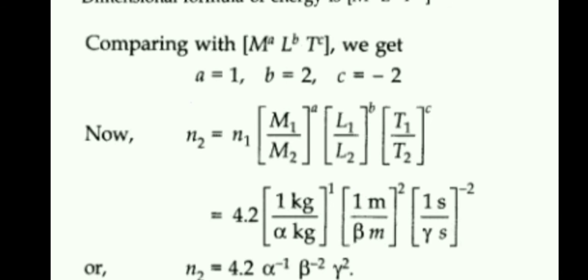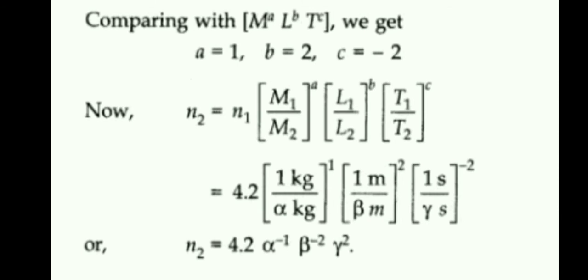Now put the units of m1 and m2, L1, L2 and T1, T2, which we have given already. m1 is kg, L1 is meter, T1 is second, m2 is alpha kg, L2 is beta meter and T2 is gamma second. Kg will get cancelled out, meter will get cancelled out and seconds will get cancelled out. We get n2 equal to 4.2 alpha to the power minus 1, beta to the power minus 2 and gamma square. I think you got my point.